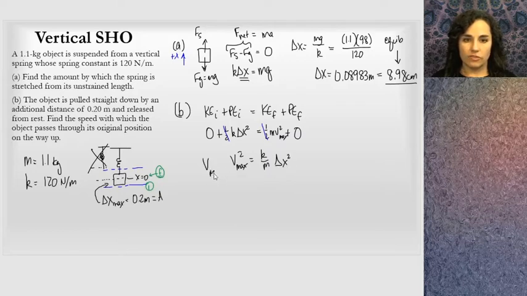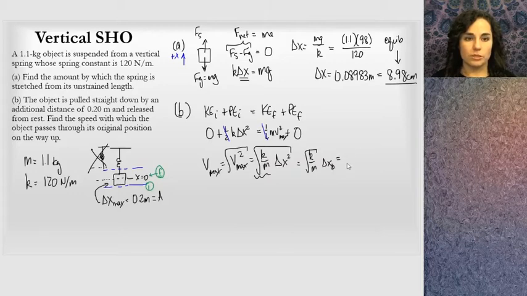In order to find v max, I can take the square root of that term, and I'm going to note that the square root of k over m, remember that's omega. So I get the square root of k over m times delta x. I can plug all of this in, and this will be delta x, the amplitude in the second situation for part B, which is the 0.2.